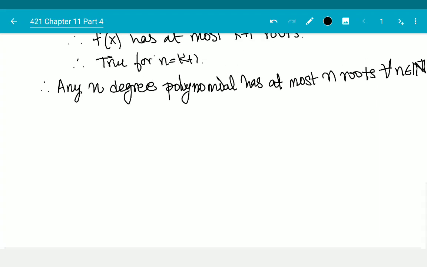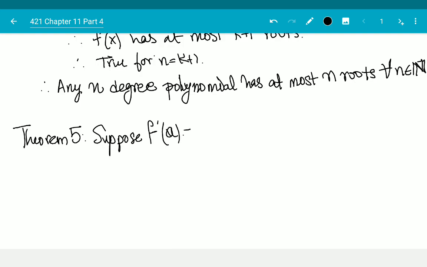Now let us do some more, maybe sort of interesting results. We saw up to theorem 4 last time. So theorem 5; theorem 4 was my mean value theorem. Suppose f prime of a is equal to 0.